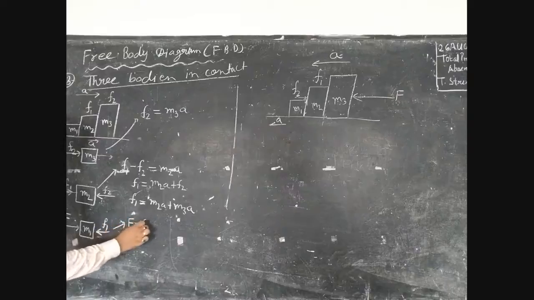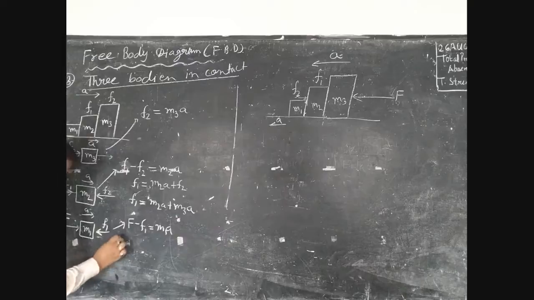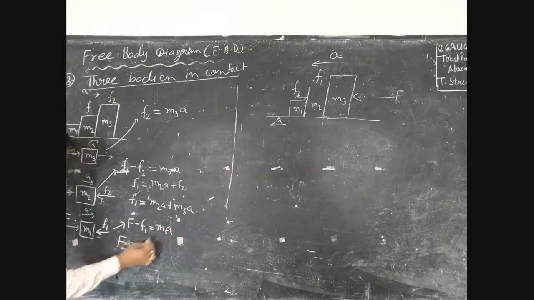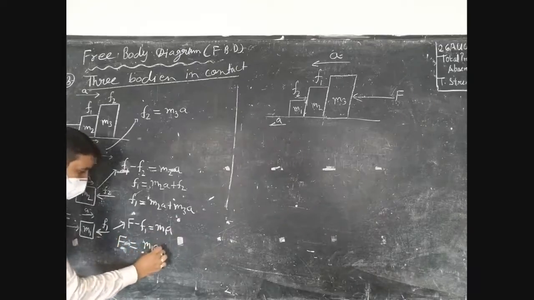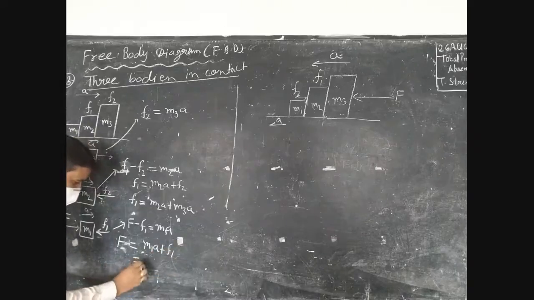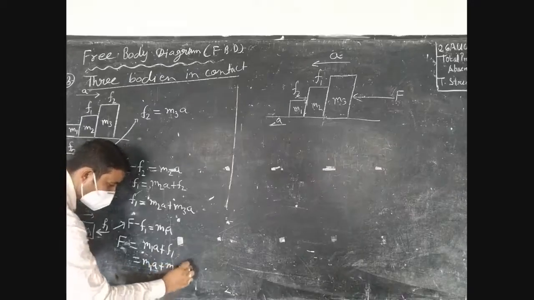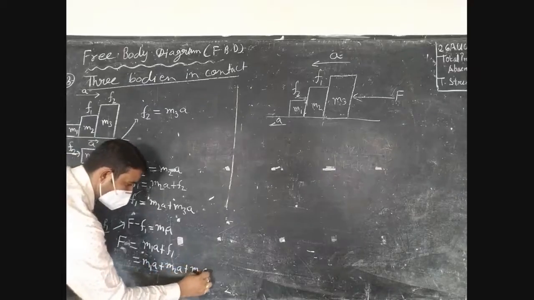Now solve this. F minus F1 equal to mass into acceleration gained. Solve it. So you will get this F is equal to M1A plus F1. Use this result. M1A plus M2A plus M3A.